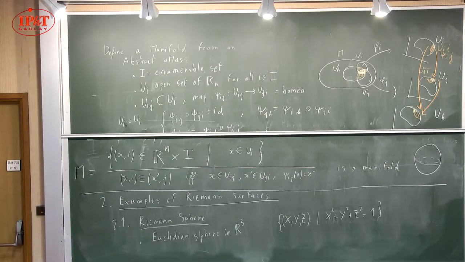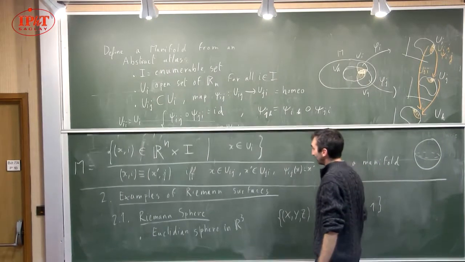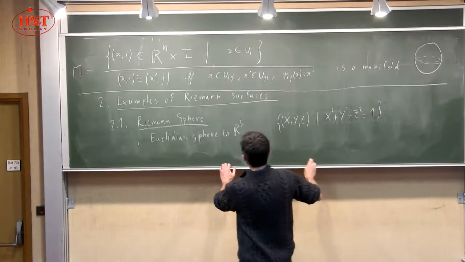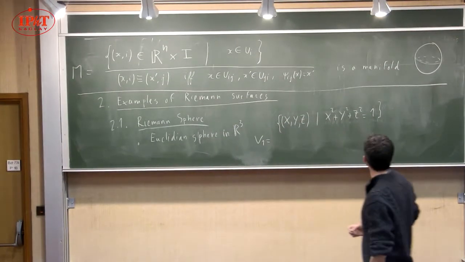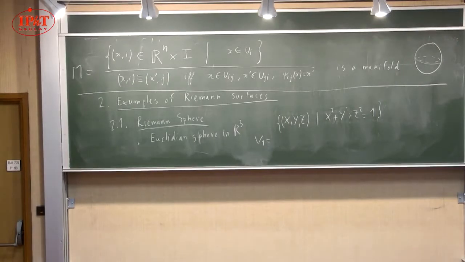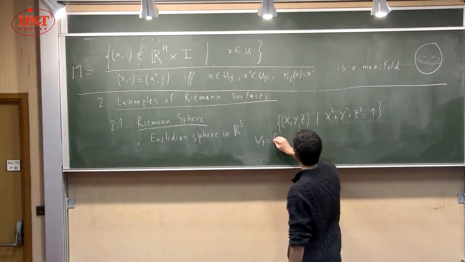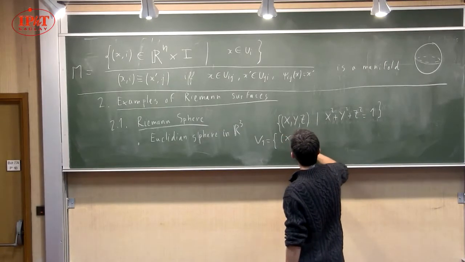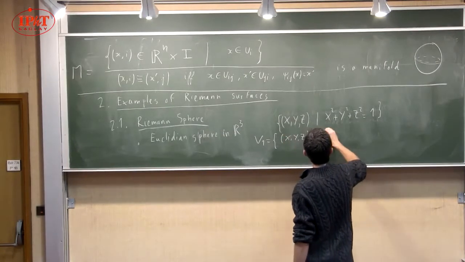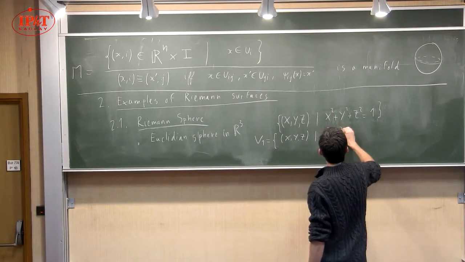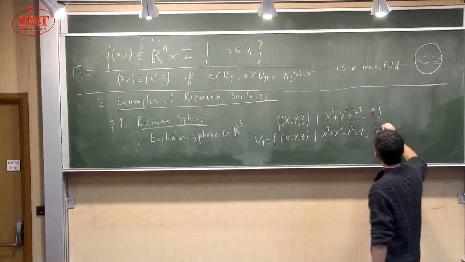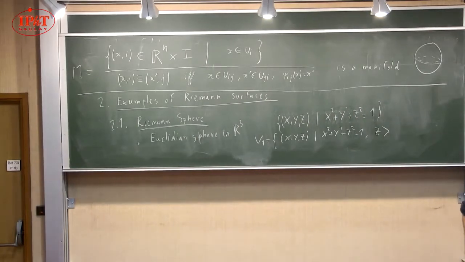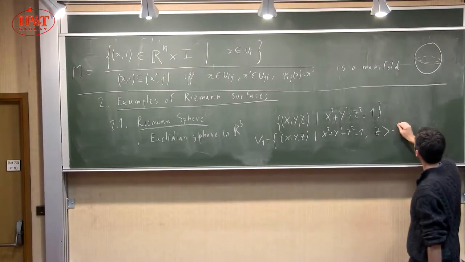And I will define two charts on it. I will define the first chart V1. V1 will be the set of (x, y, z) such that x squared plus y squared plus z squared equals 1, and z larger than -3/5.